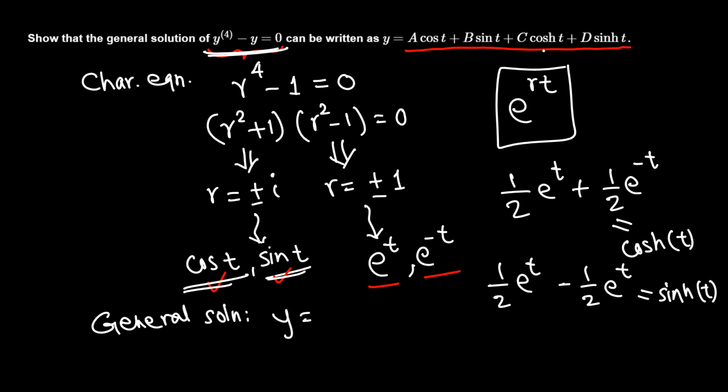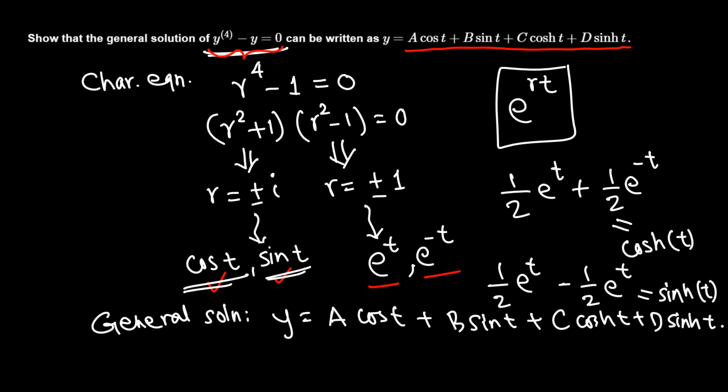So we want a, b, c, d, or we could have written c1, c2, c3, c4, same thing. So not c1, we want a cosine plus b sine plus c cosh plus d sinh. And this is what we want, final.